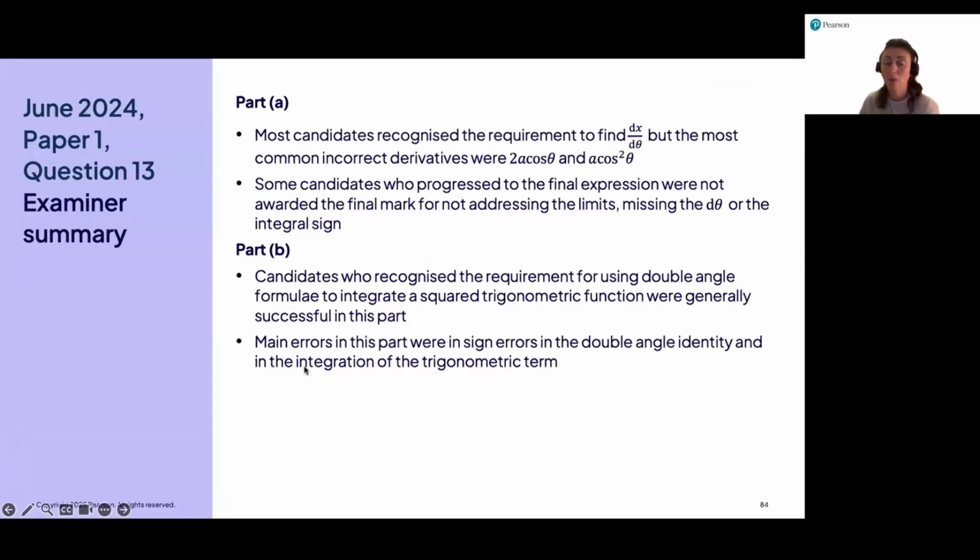The exemplar will also give you some key findings or examiner summary. So part A, we had incorrect derivatives for dx by d theta. Some issues with limits. That does come up, doesn't it, with substitution.